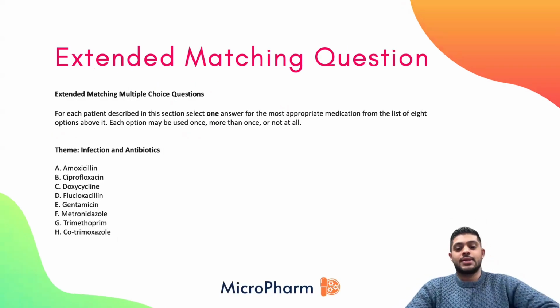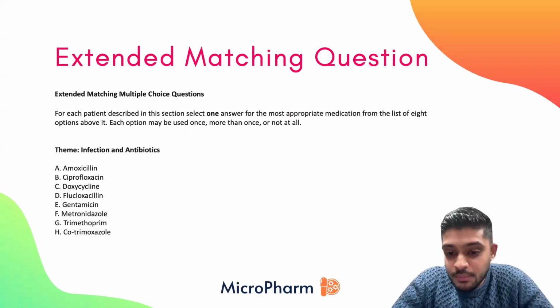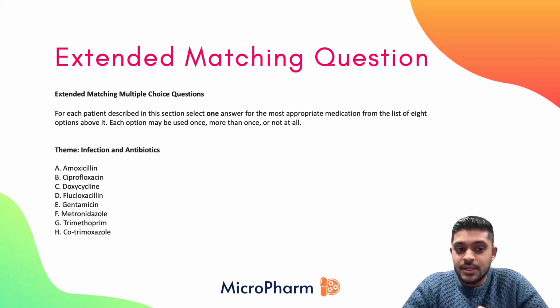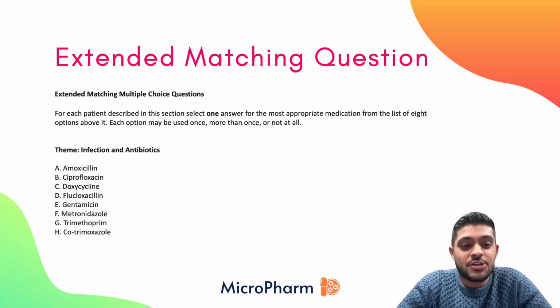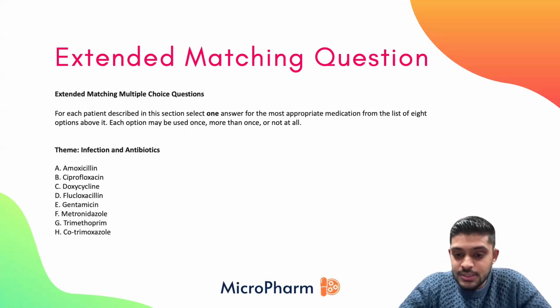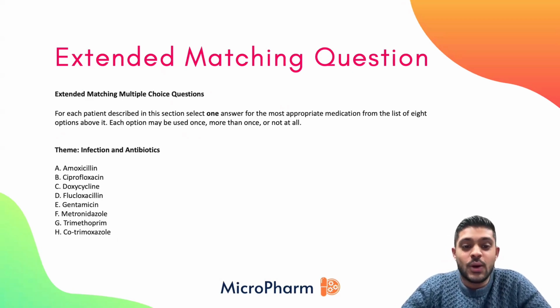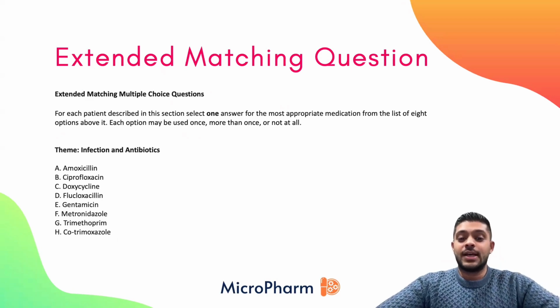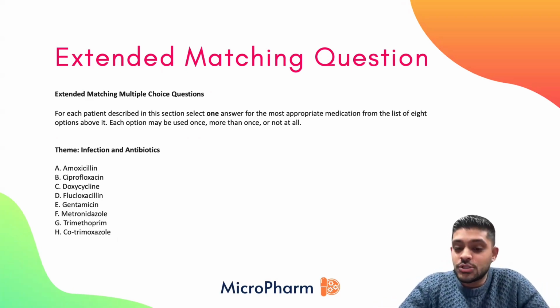So when it comes to extended matching questions, you'll get a theme for the question. The theme for this question is infection and antibiotics. You will get 8 different answer options, and you have to select the answer that's most appropriate. Each option may be selected once, more than once, or not at all.